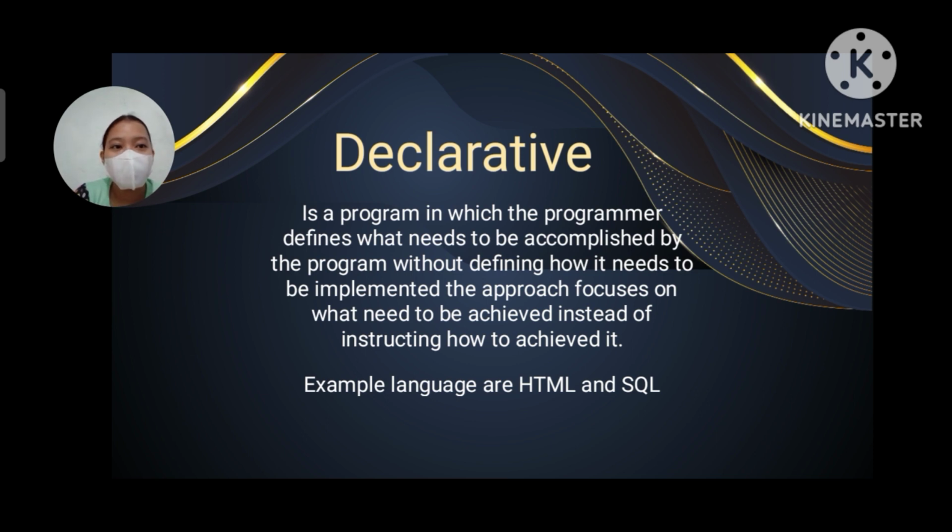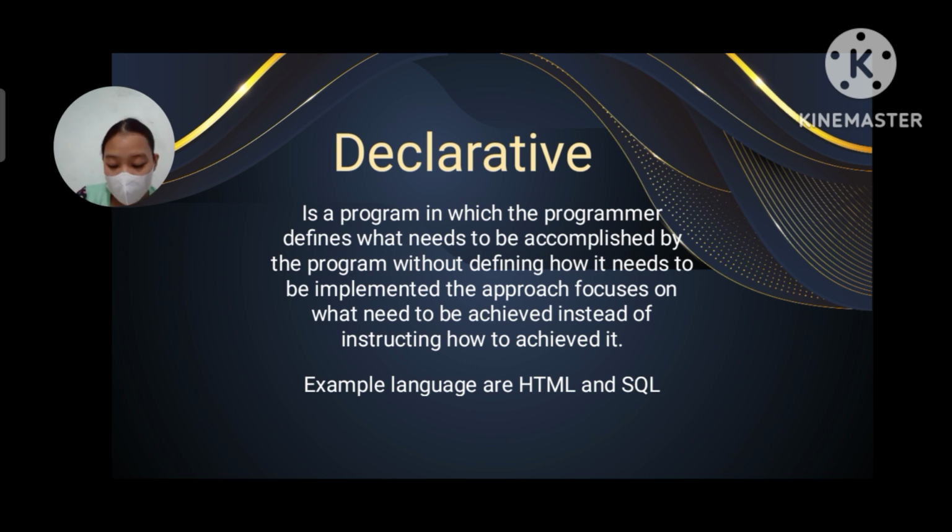Now, let's proceed with the declarative programming paradigm. In this paradigm, the programmer defines what needs to be accomplished by the program without defining how it needs to be implemented. The approach focuses on what needs to be achieved instead of instructing how to achieve it.